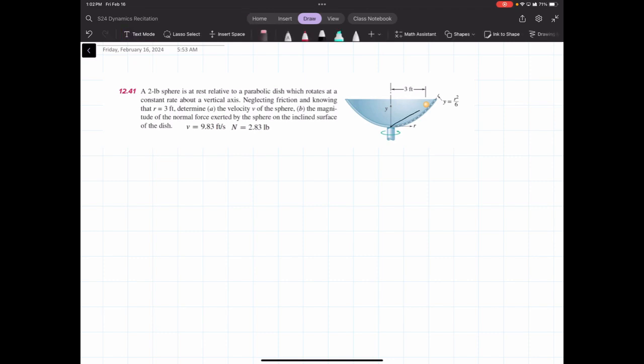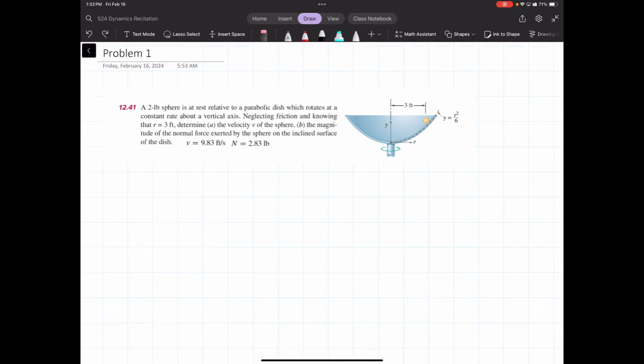If we want to find the normal force, well, first let me start with, we're talking about polar and path coordinates. So that would probably give you a hint that we're either going to use polar or path coordinates here. If we need to find the normal force on this sphere, we need to find the force that's acting this way, or normal to the sphere.